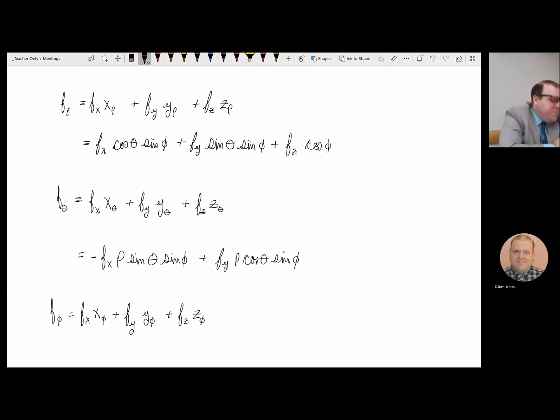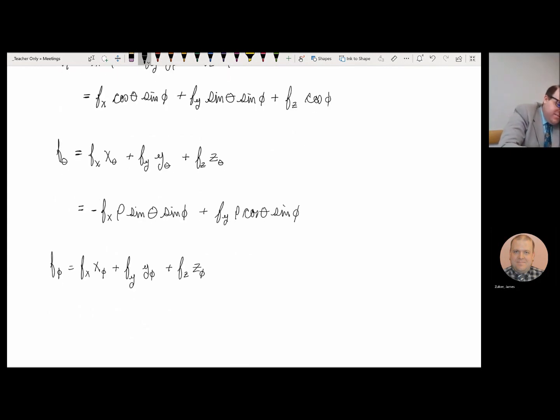And so again, chain rule, we're looking for the partial of f with respect to phi. It's just f_x times x_phi plus f_y times y_phi plus f_z times z_phi. What is the partial of x with respect to phi?